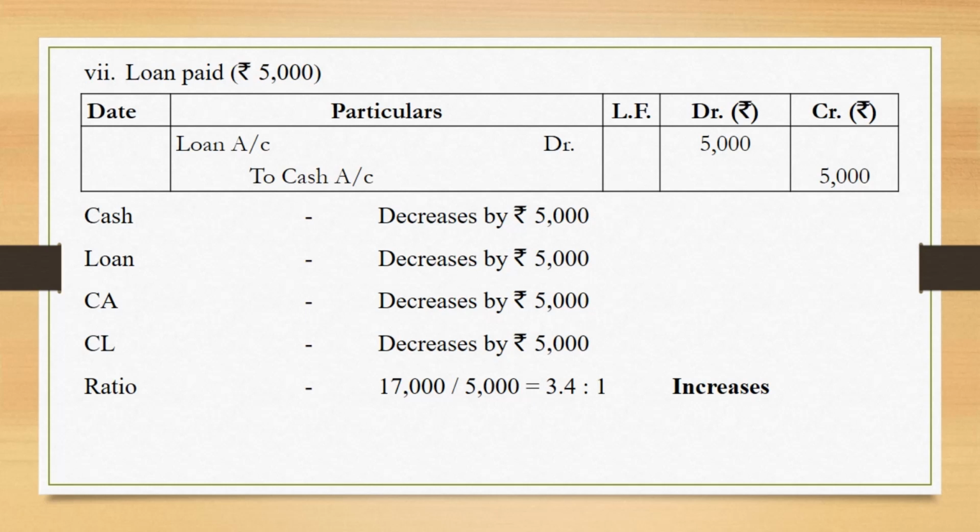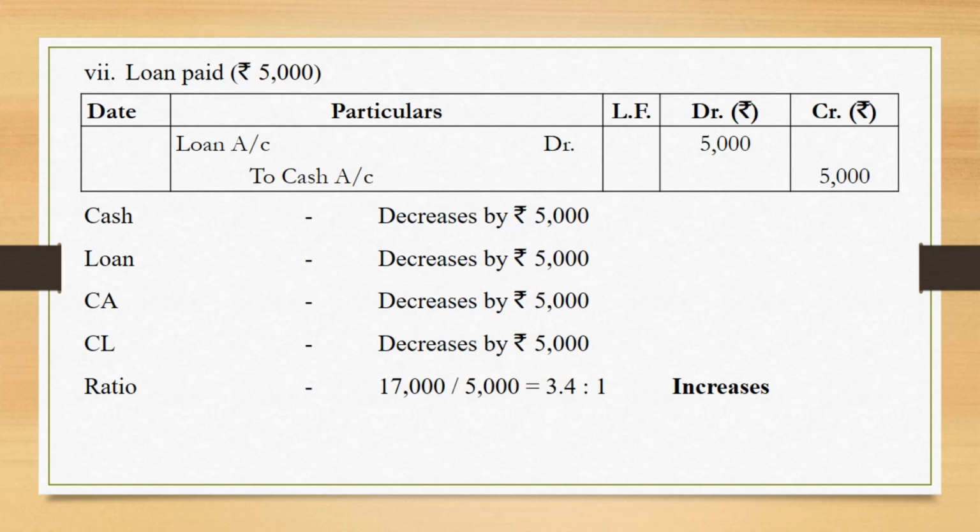Whether it's a short-term loan or a long-term loan, whenever we are making a repayment, our current liability decreases by 5,000. Cash, being a current asset, decreases by 5,000. Loan, being a current liability, decreases by 5,000. Both current assets and current liabilities decrease by 5,000.